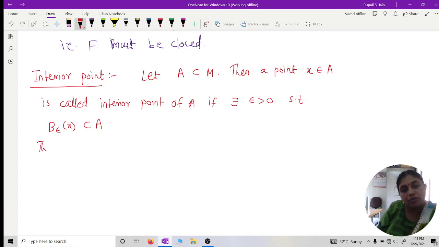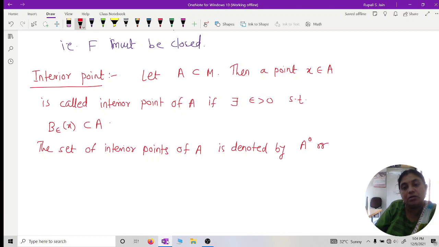And the set of interior points of A is denoted by A interior, or interior of A. This is the notation.